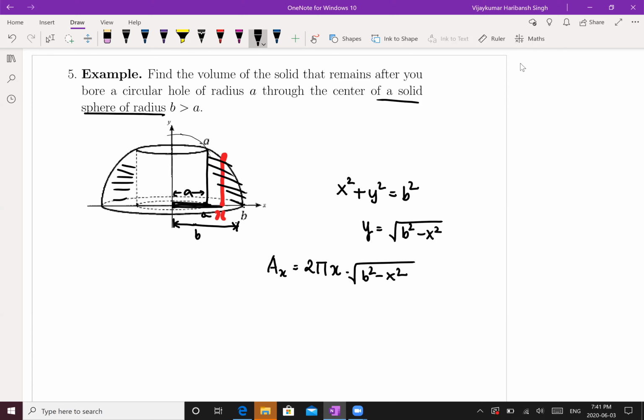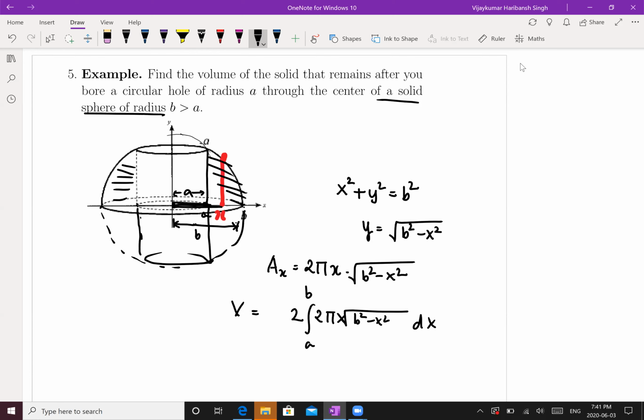So we get our volume is going to be the integral from A to B of 2 pi x square root of b squared minus x squared dx. And since we are also considering the bottom part of this, we need to just multiply this by 2.